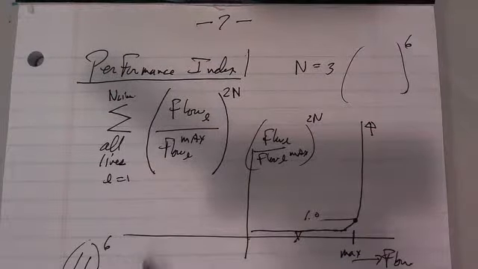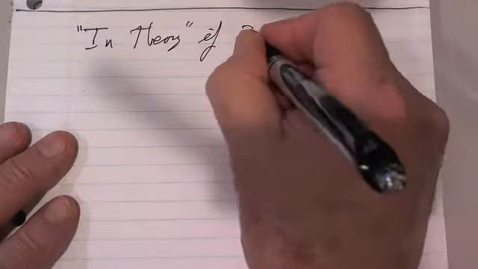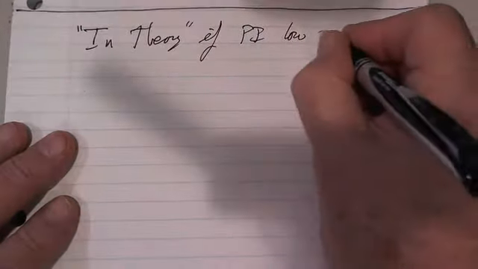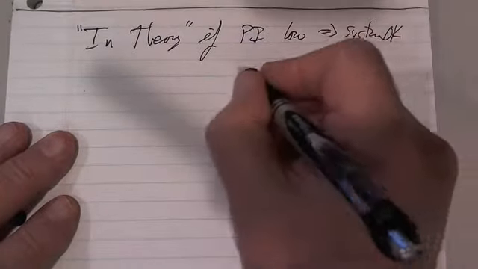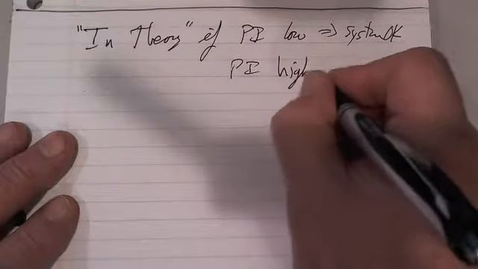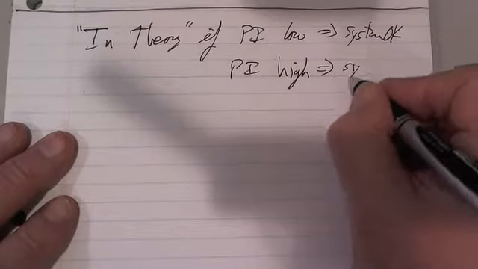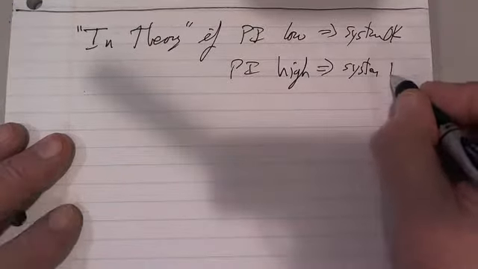So this is the theory of it. Now, there's lots of problems with this, but in theory, if PI is low, system okay. If PI is high, system is bad.